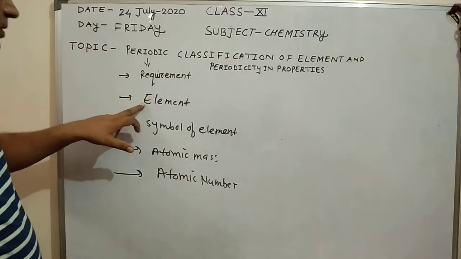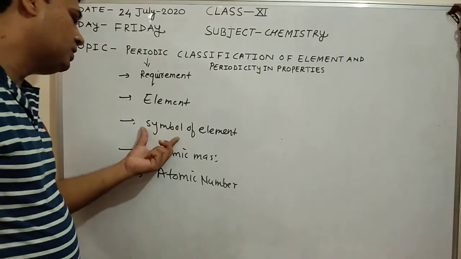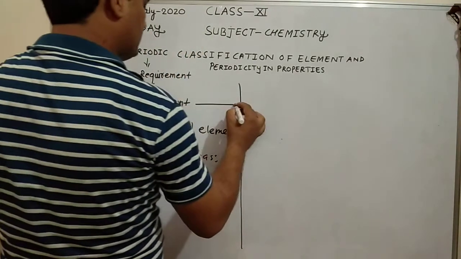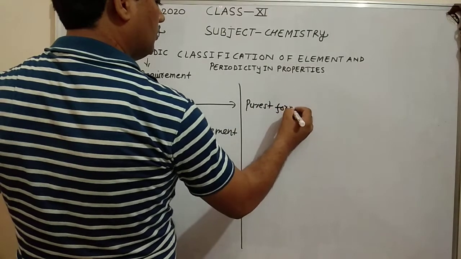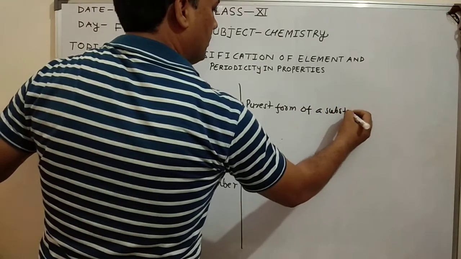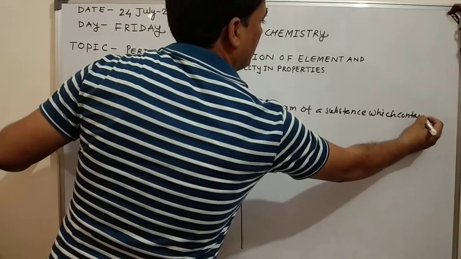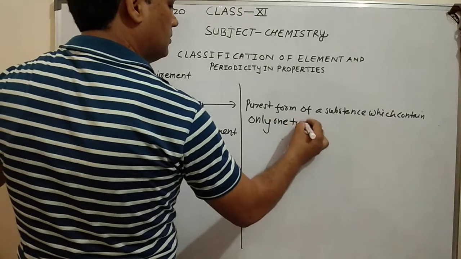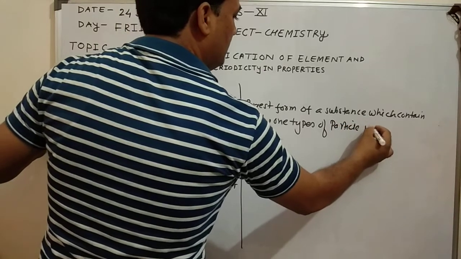First one is element, second one is atomic mass, third one is atomic number, and the last one is symbol of elements. What is an element? An element is the purest form of a substance which contains only one type of particle, that is atom.